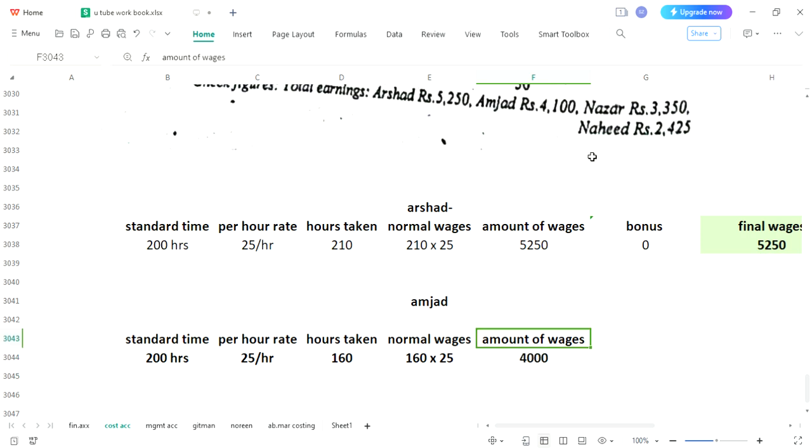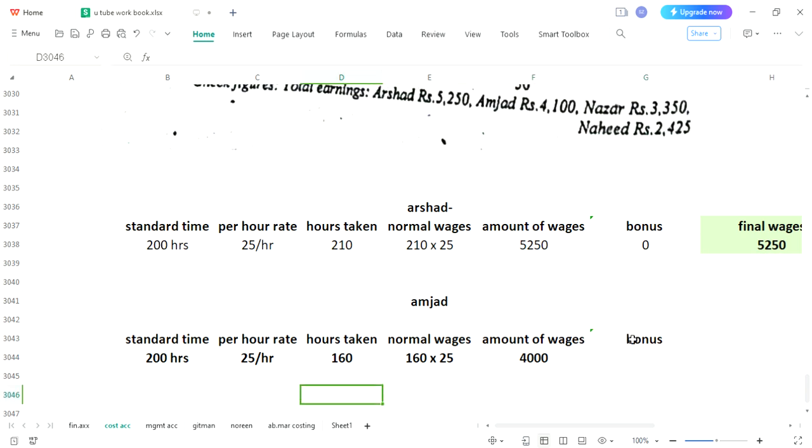Now, amount of bonus: yes or no? As you can see, he completed his job within the standard time, not only within, but less than the standard time. So we will be calculating his bonus in a different way.